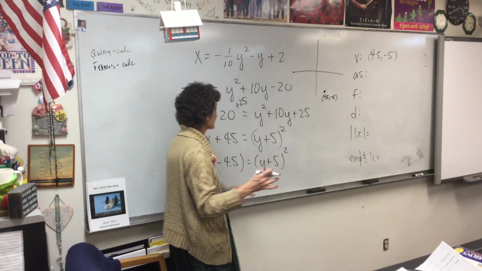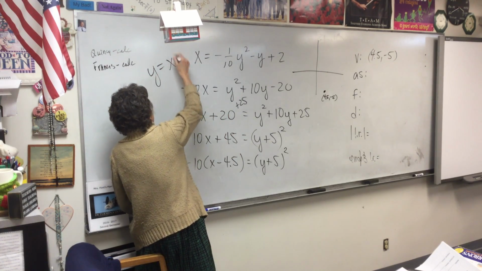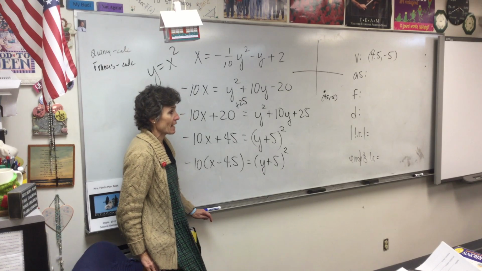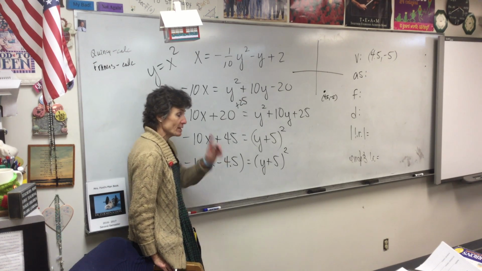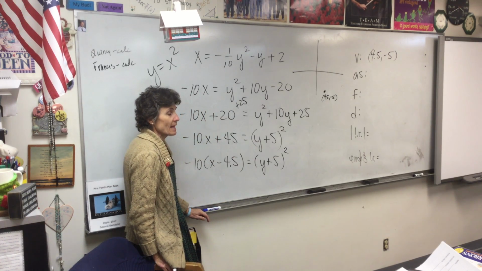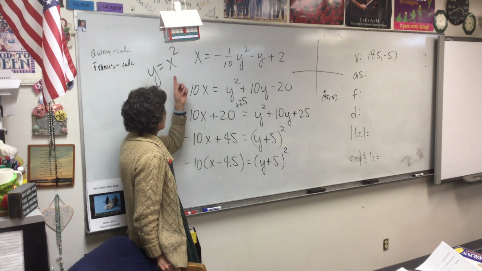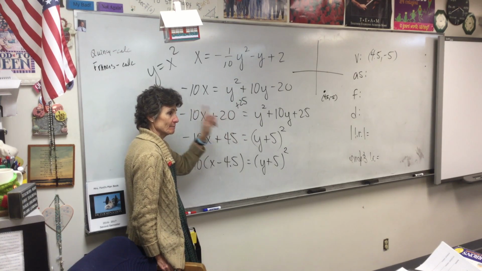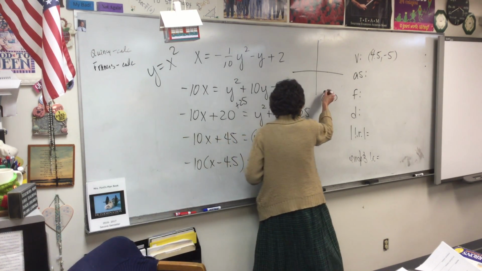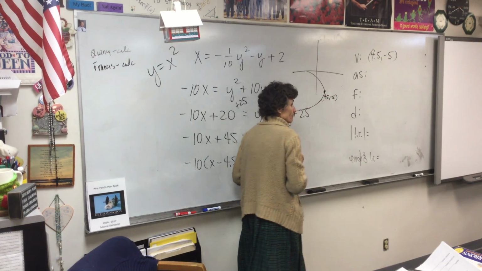Kids, you just gotta remember that your BFF is y equals x squared. Those are up and down. Since Brenton said, since the second week of school, right? Oh, yeah. Up and down. If it's a y squared, then it's sideways. If it's a negative y squared, then it's left. So this guy is opening left.